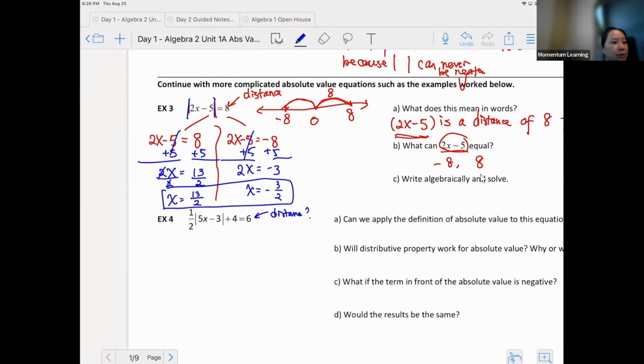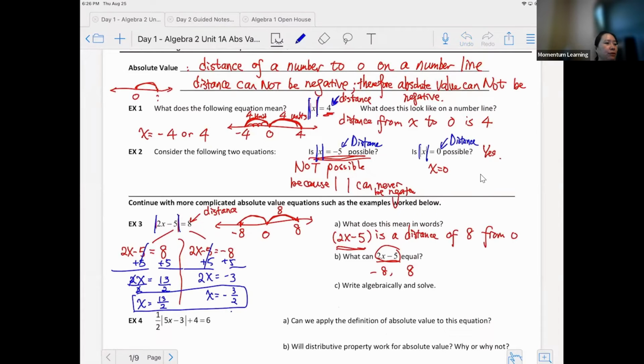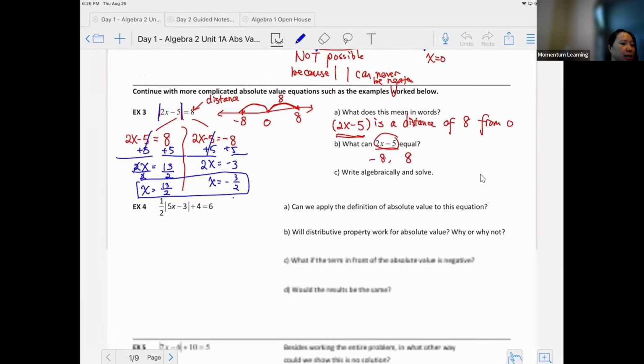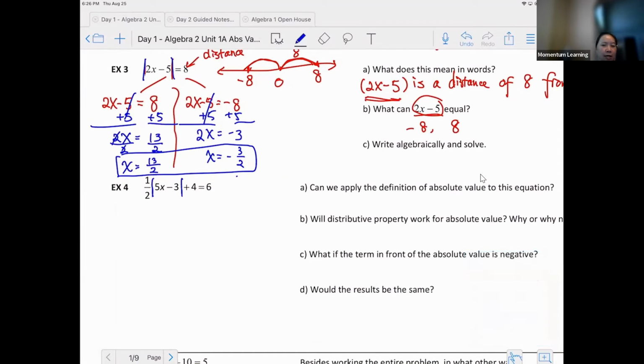Now let's review the definition. Quickly review. Absolute value is the distance, right? What I need here, the absolute value actually needs to be what? Isolated. So you have to isolate first.